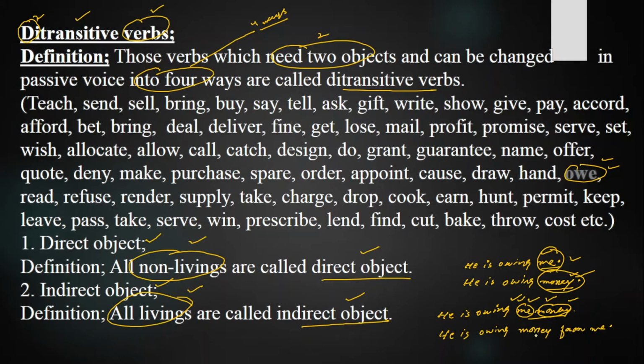The first one, he is owing me money, means he is asking for money from me, and he is owing money from me is followed by the preposition from, meaning to take or borrow from someone.